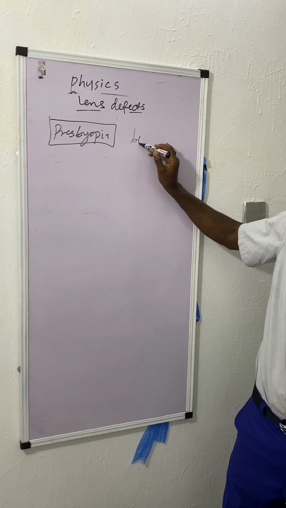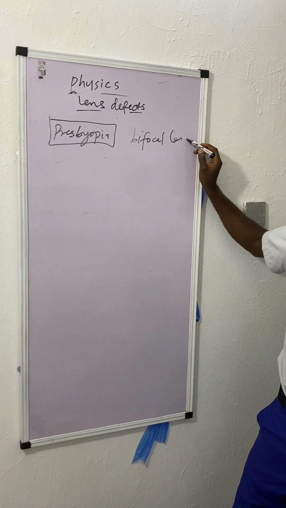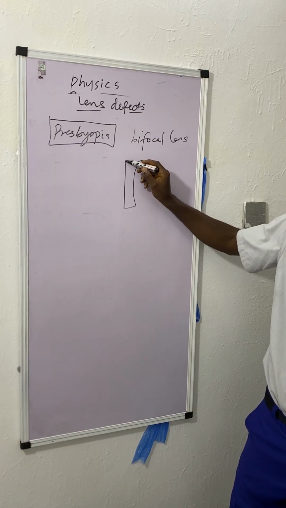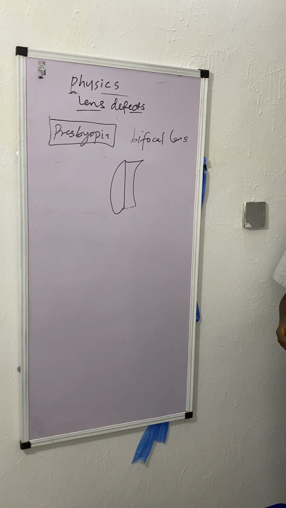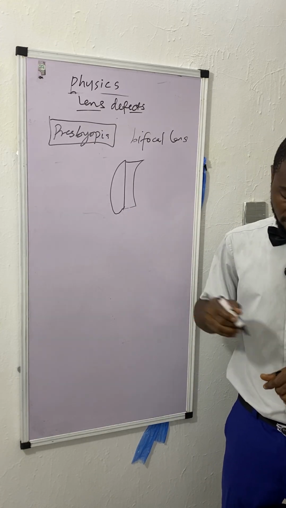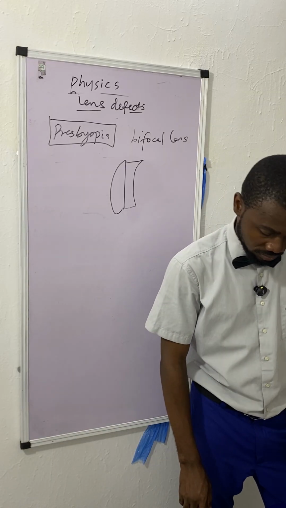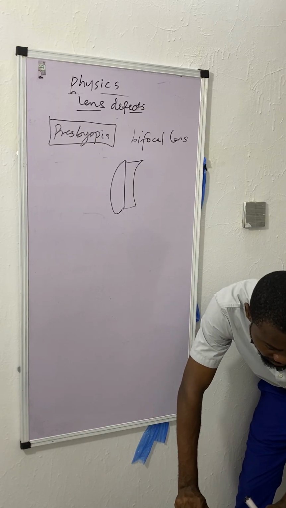It's corrected with a bifocal lens, so you add a convex lens and a concave lens, something like this, to correct it. So those are the eye defects.